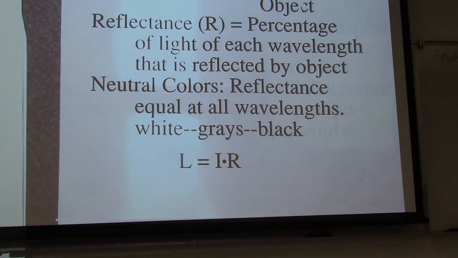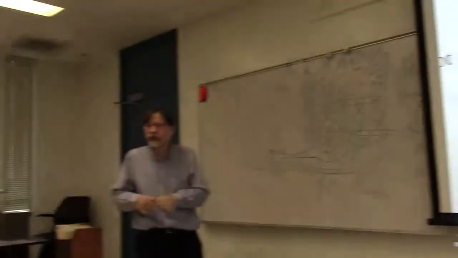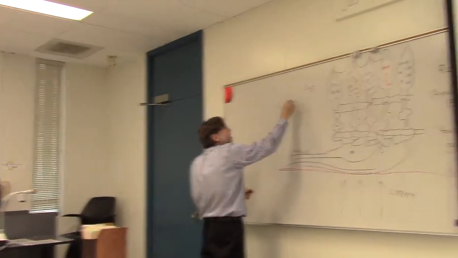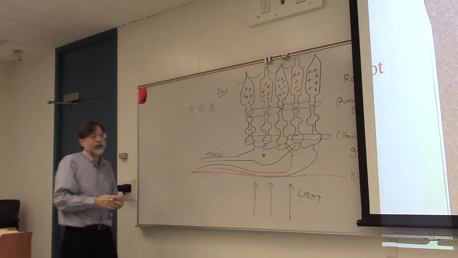Are you familiar with HTML? How many are familiar with HTML, the coding of color in HTML to display on a computer screen? Nobody knows HTML. Well, the colors are represented in red, green, and blue in HTML.